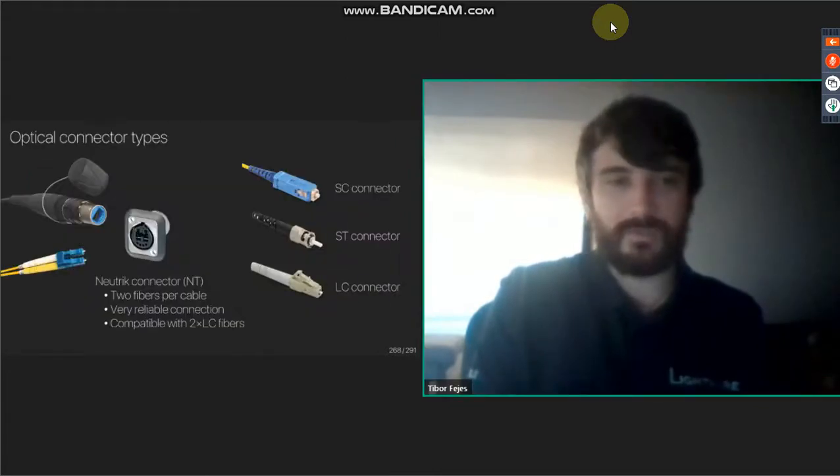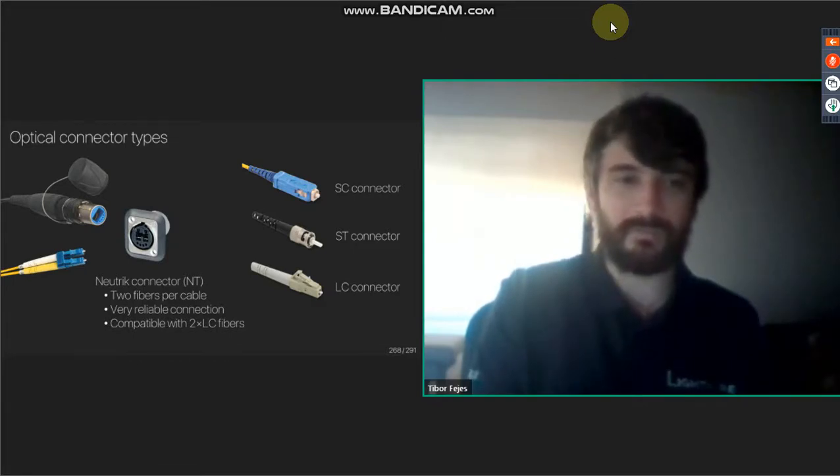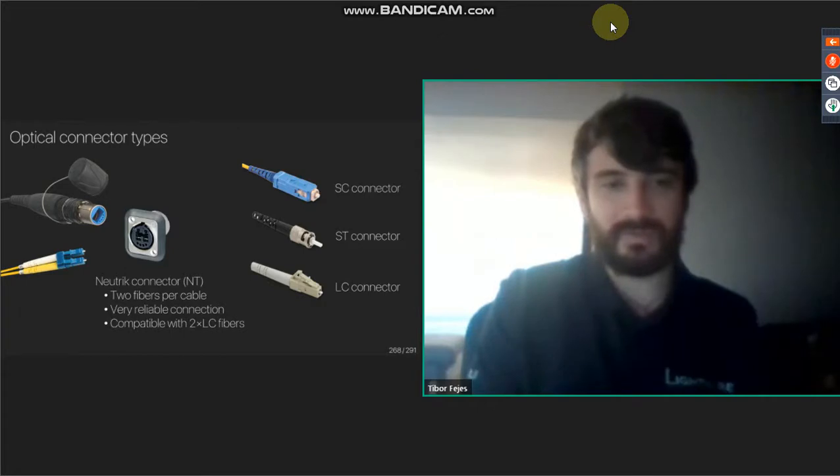So here we have a selection of some different connectors. There's more than this, but one of the most popular ones would be the Neutrik. That's a duocon, which means you've got two fibers. It's very reliable. It's got inbuilt dust caps and protection, but it's also backwards compatible with the duplex LC fiber, which is very handy.